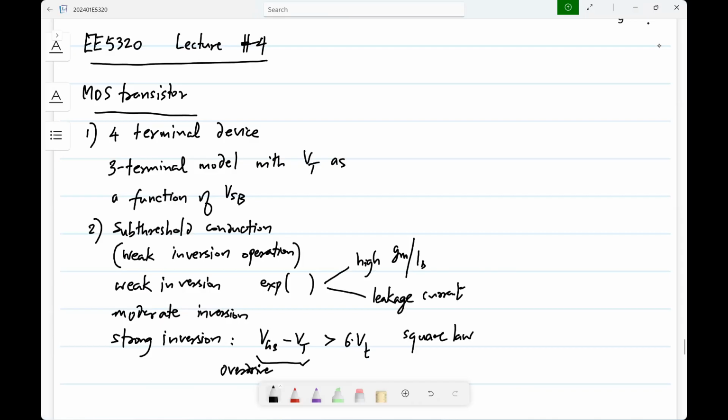Now it is because of this concern that in modern processes, you have transistors with many threshold voltage options available. If you have a high threshold voltage, your leakage will be small, because for 0 volts, you will be operating with a larger negative VGS minus VT.